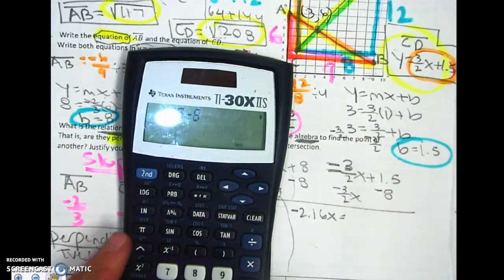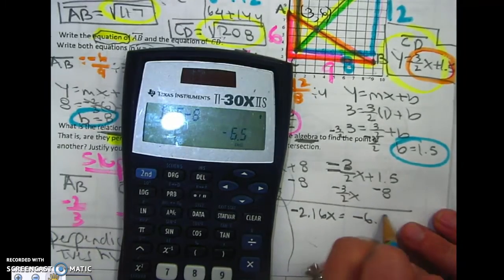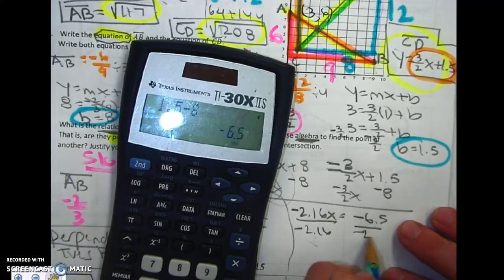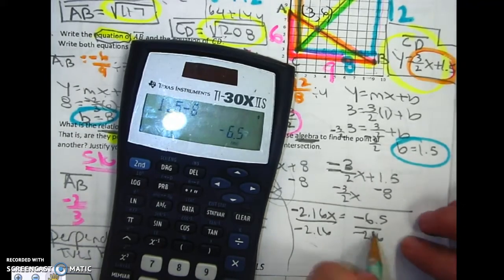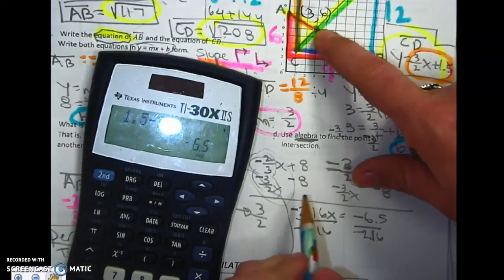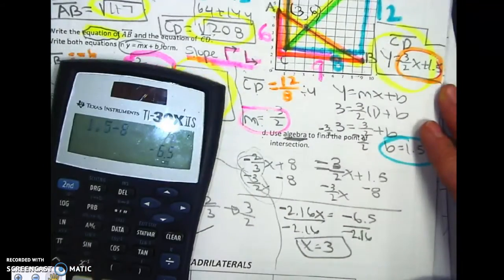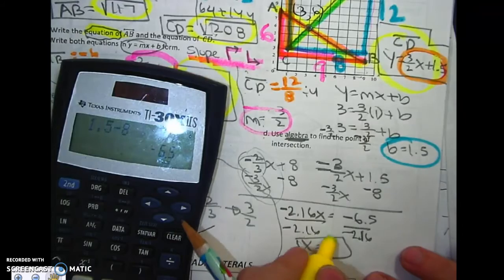And that covers that. I get negative 6.5 divided by negative 2.16. And I know what the answer is going to be because I cheated. x equals 3.